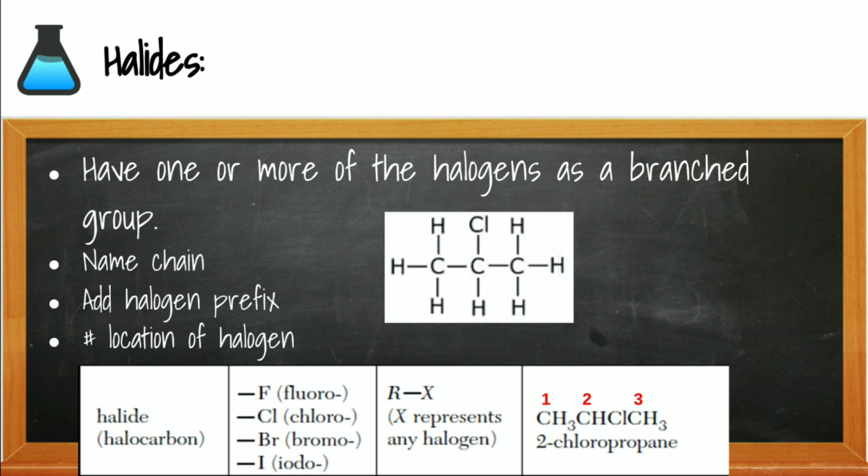So there's 3 carbons, giving this prefix prop. These are singly bonded carbons, so it's propane. And what we're going to do is we're going to draw the chlorine on the second carbon because the number 2 tells us that that's the location of the halogen. So here we have 2-chloropropane.